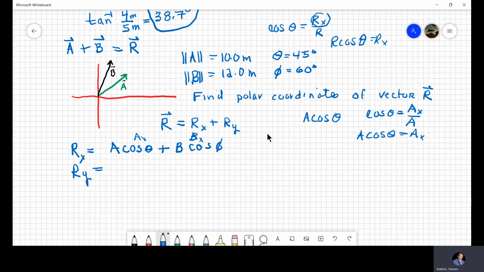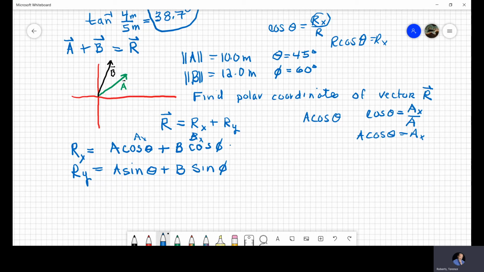So let's go to Ry. And this is A, and now you notice we have the sine because we're working with the y. Theta. Now we have the B vector, and that's going to be sine, and we're going to use the angle phi. Now I'm not going to go through the math on this. You can do this on your own.